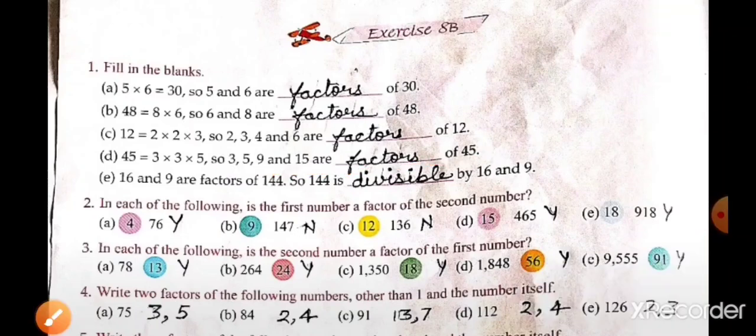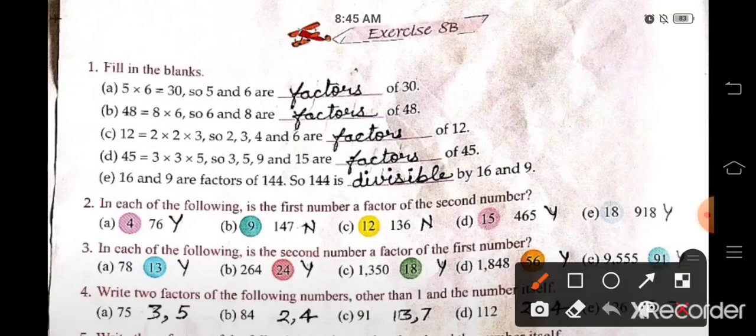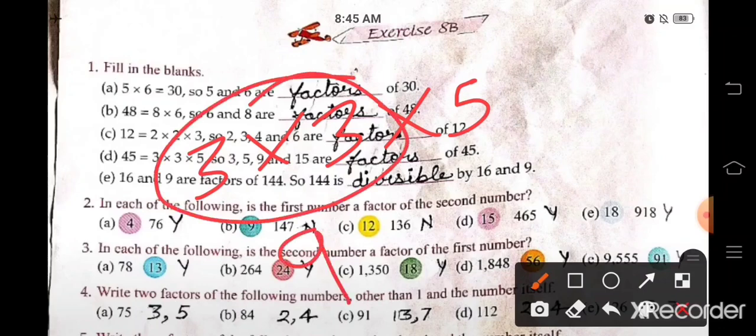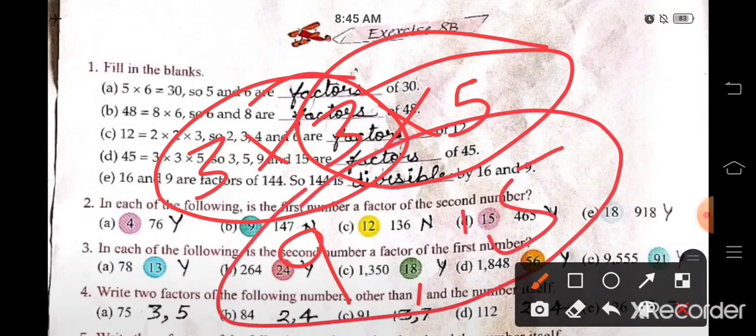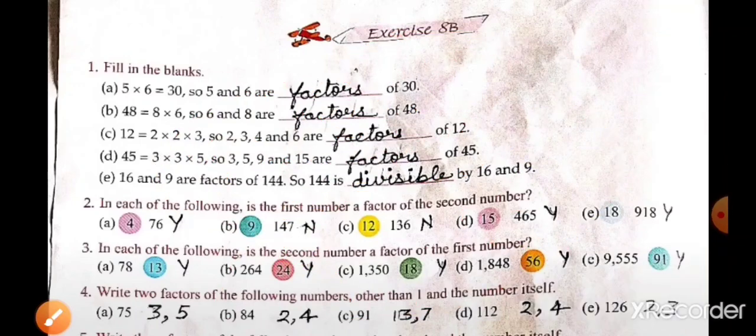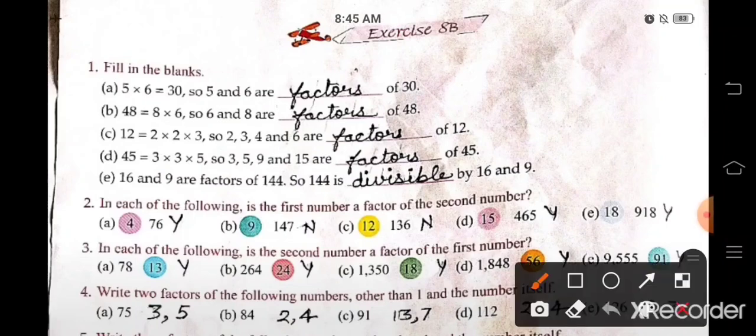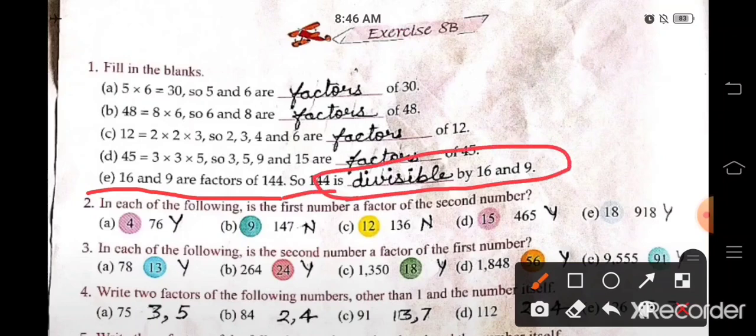You can see like this: 3 multiply 3 multiply 5. So 3, 3 and 5, and 3 threes are 9, and 5 threes are 15. These are also the factors of 45. Now 16 and 9 are the factors of 144. So 144 is divisible by 16 and 9 both.